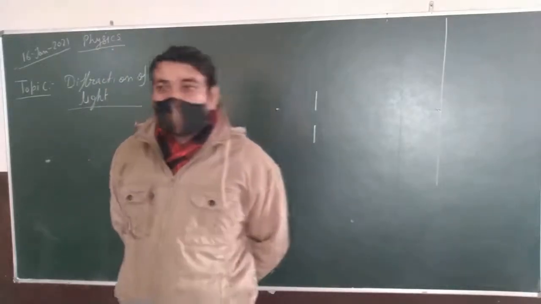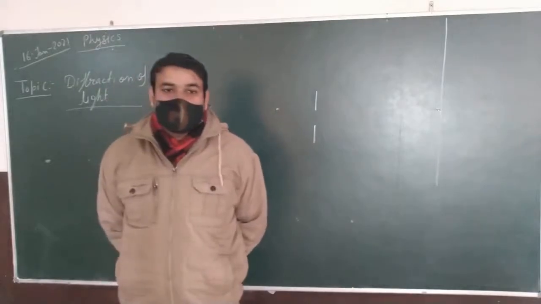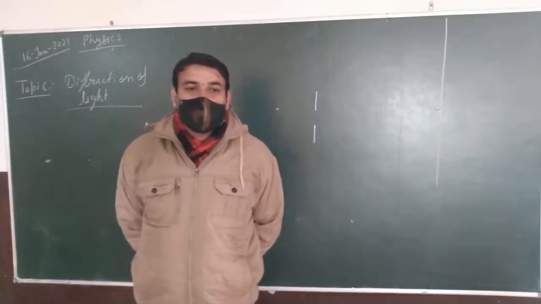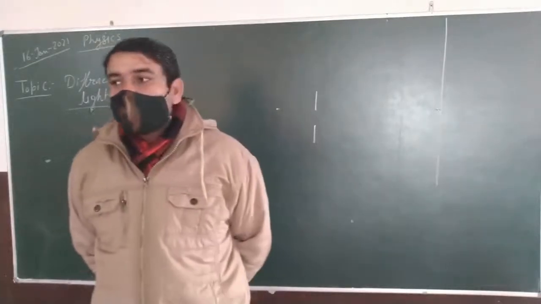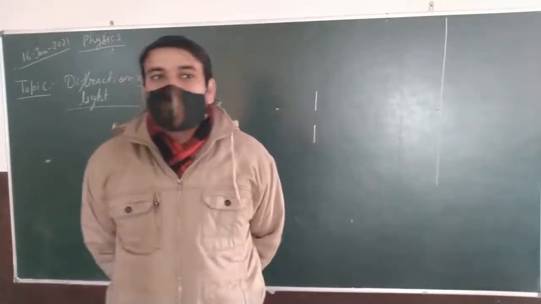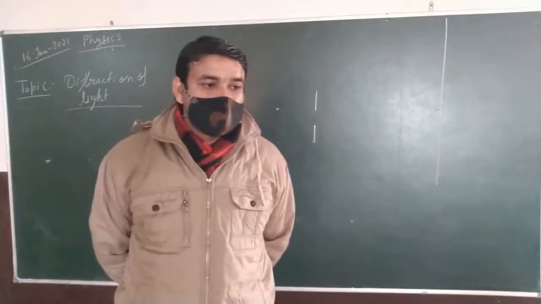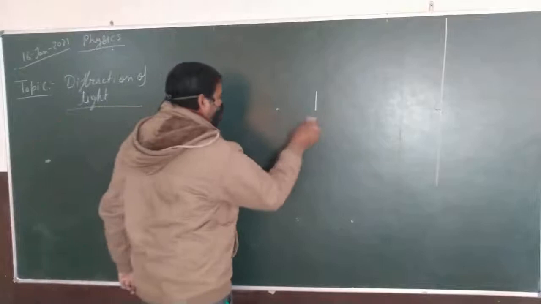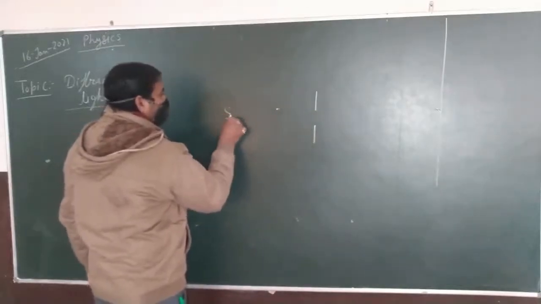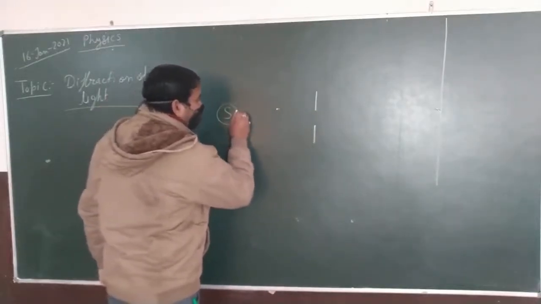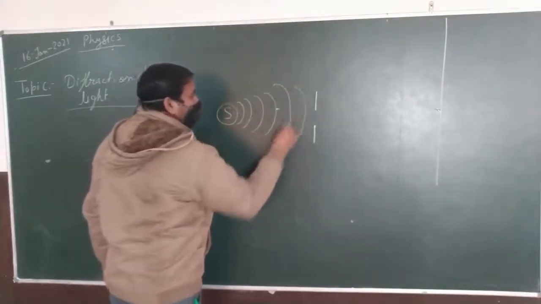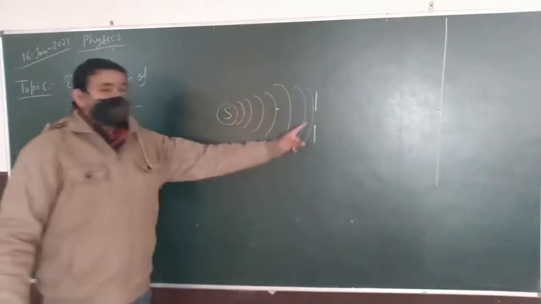And this bending of light towards the shadow of the obstacle. Okay, so suppose we have a source here, and the light is traveling from this source like this and reaches this slit.